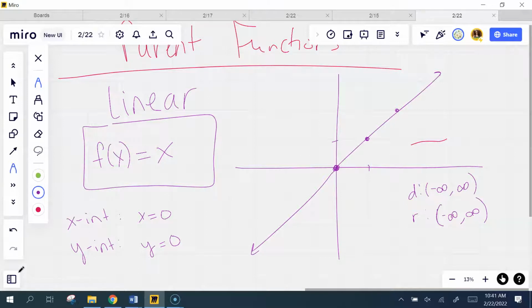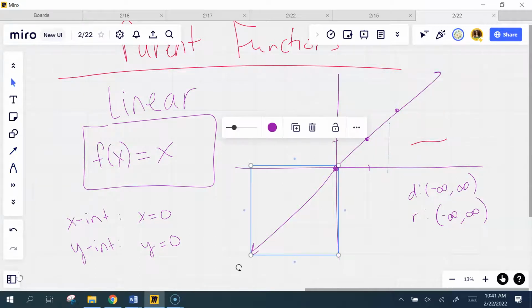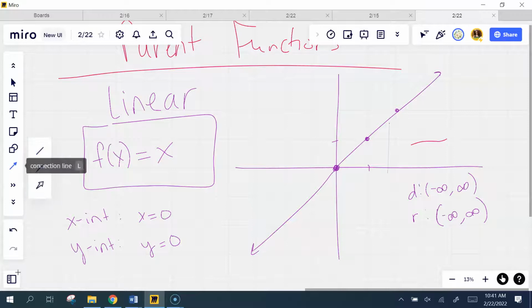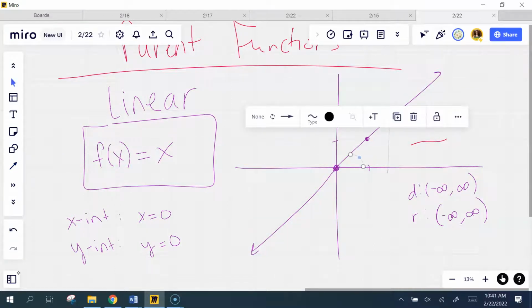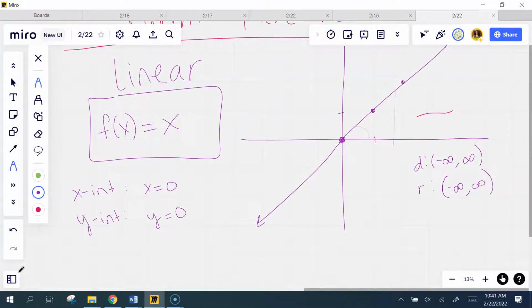Does that make sense? No matter which way I move that line or how I change the slope of that line, it's never going to cross more than once. So the maximum number of roots is 1.